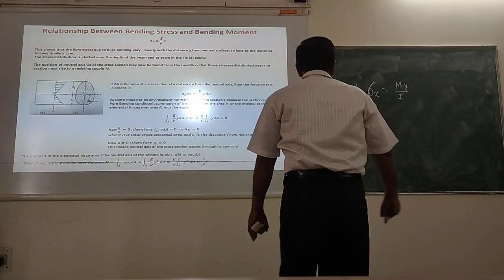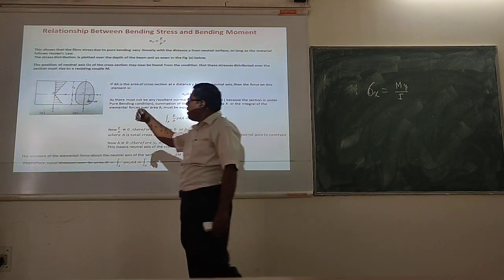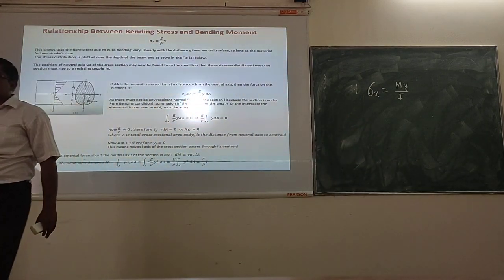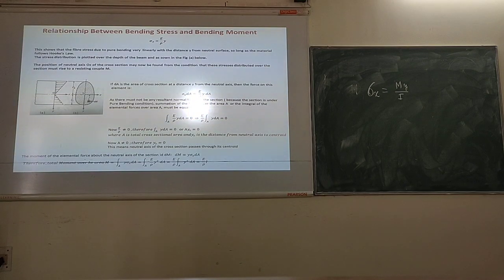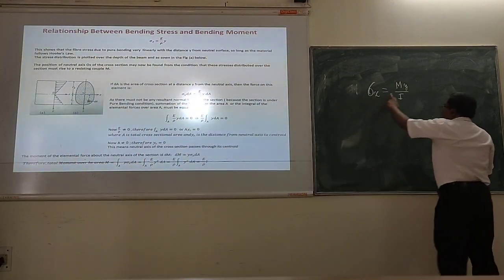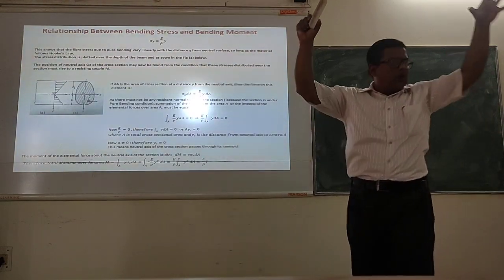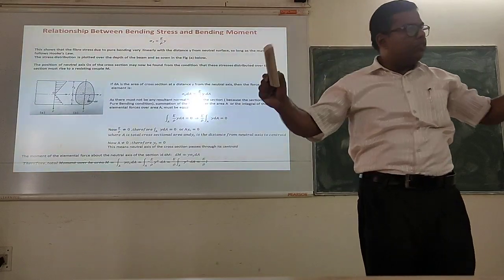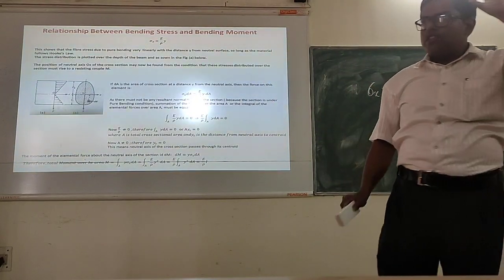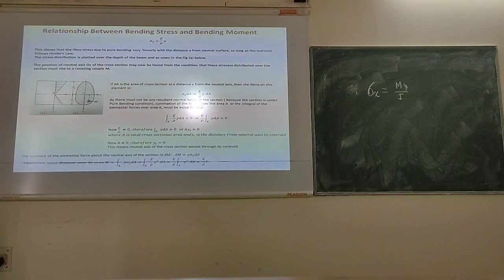So that's where the maximum stress will be coming. You can see sigma x is varying, your moment is constant. For a particular section, when you are loading the section, your moment is constant. The cross section of the beam is constant, and that's how your I will be constant.